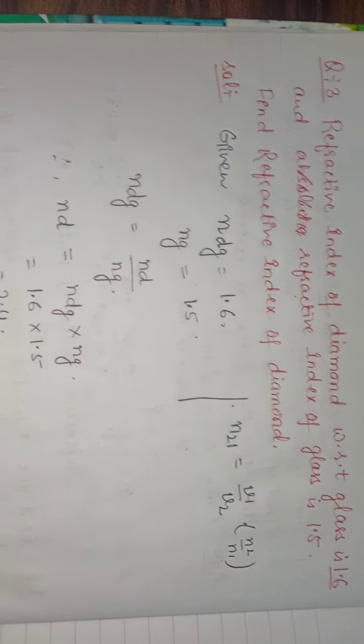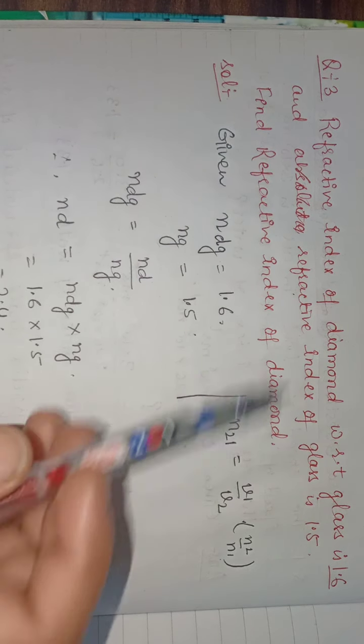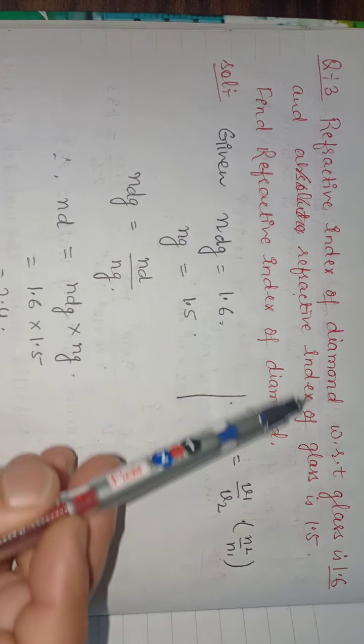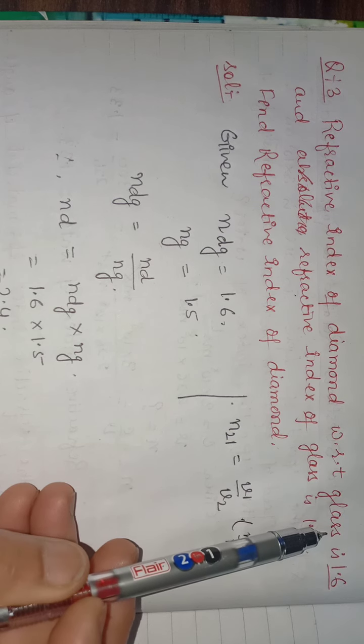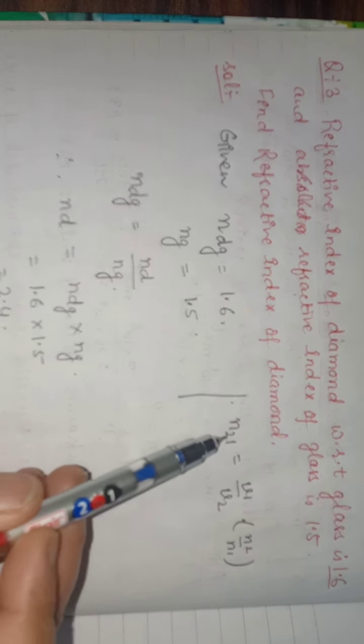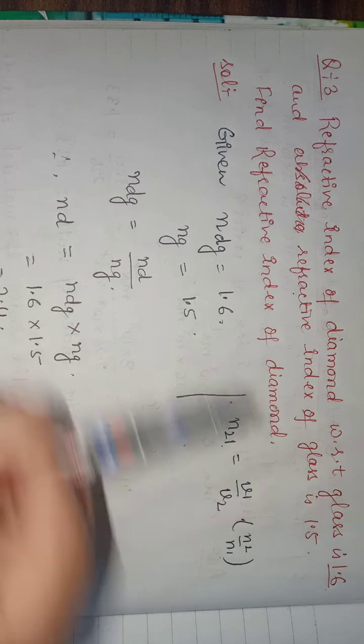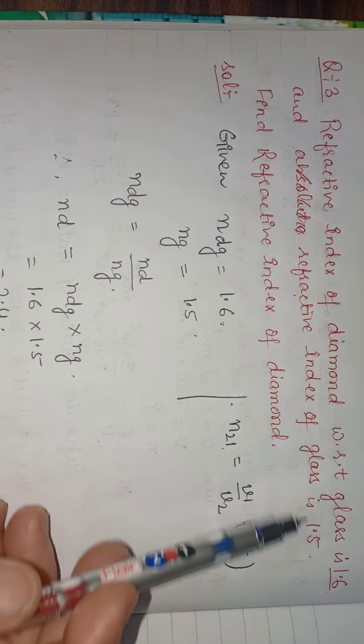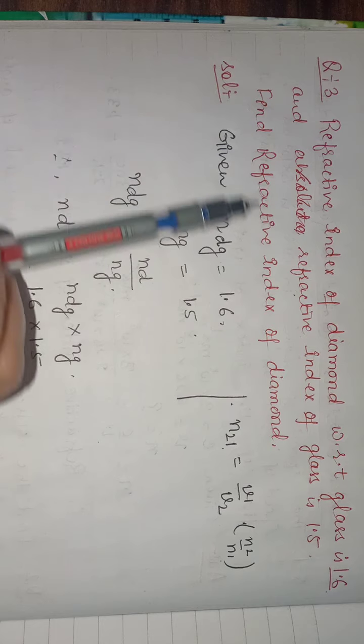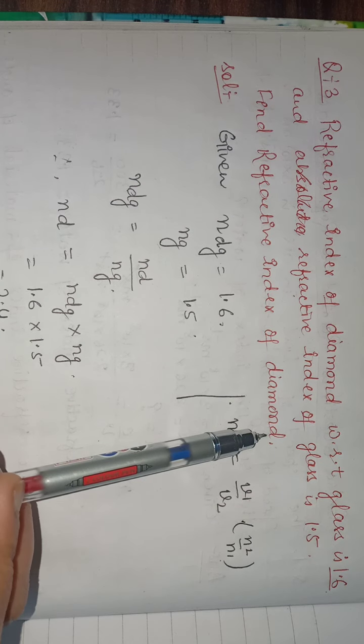Now one more numerical. The refractive index of diamond with respect to glass, it means we are talking about N21, is 1.6, and the refractive index of glass is 1.5. Find the refractive index of diamond.